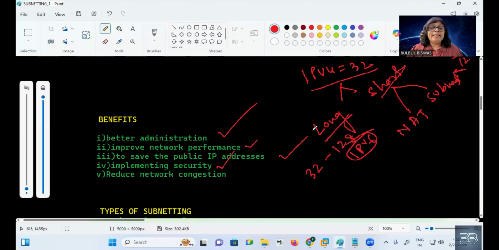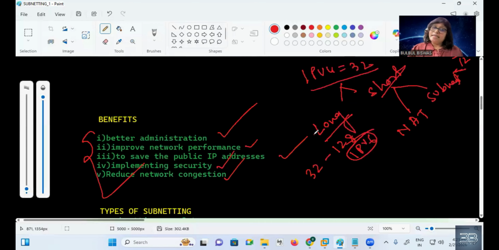And implementing security. The network is small, so it is very easy to secure my network. And reduce network congestion, because data traffic does not need to travel a long way crossing several routers, because my network is very small. Is it clear? So these are the several benefits of using subnets.